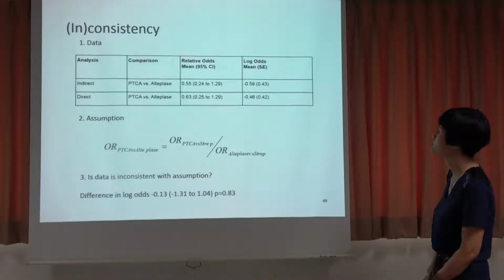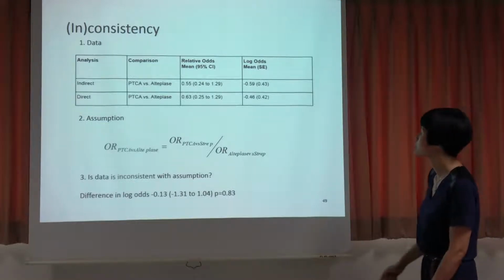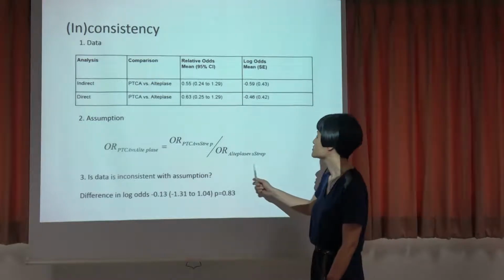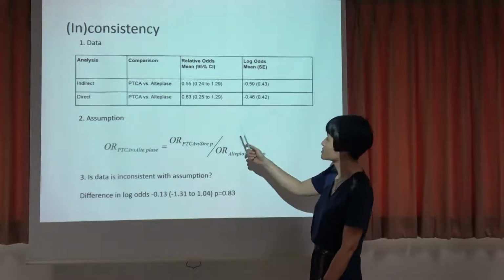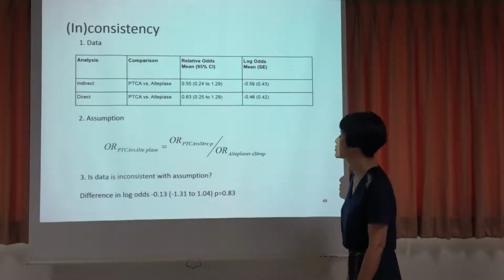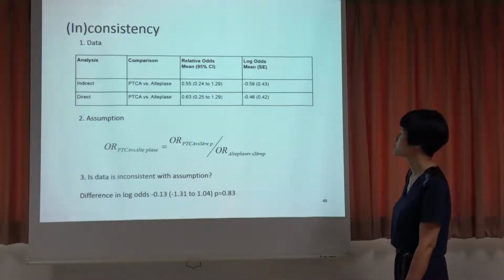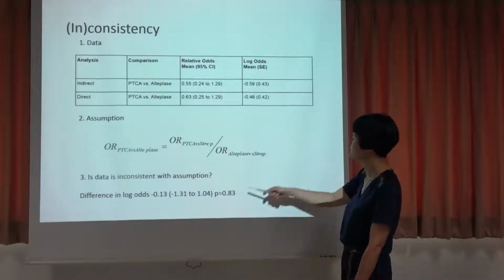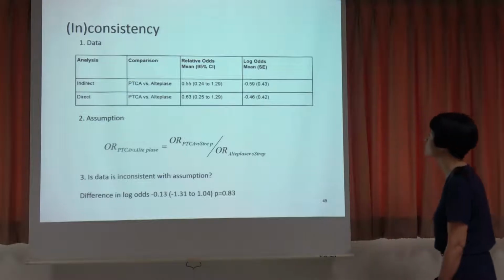Inconsistency: there are two sets of data we looked at earlier, the direct and the indirect comparison. The indirect comparison is based on an assumption of consistency, which allows this calculation. So are the data consistent with the assumption? What we can look at is the difference in log odds ratio.